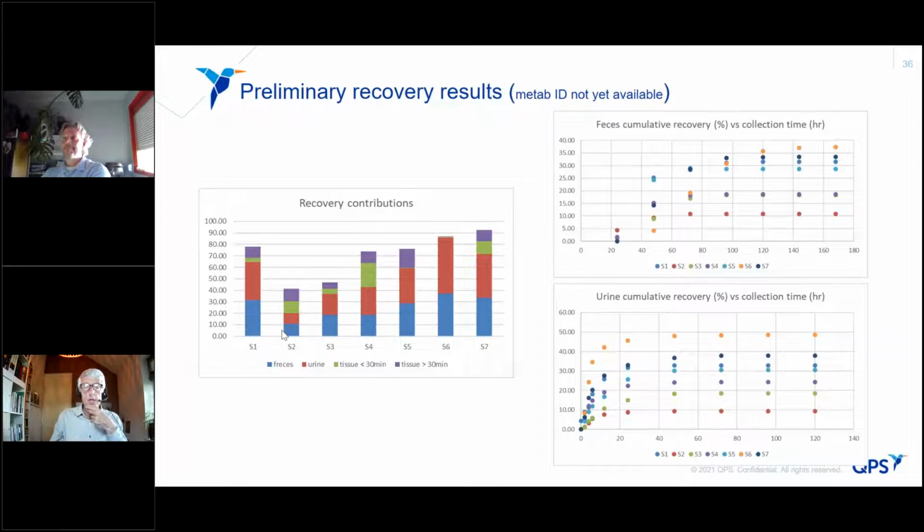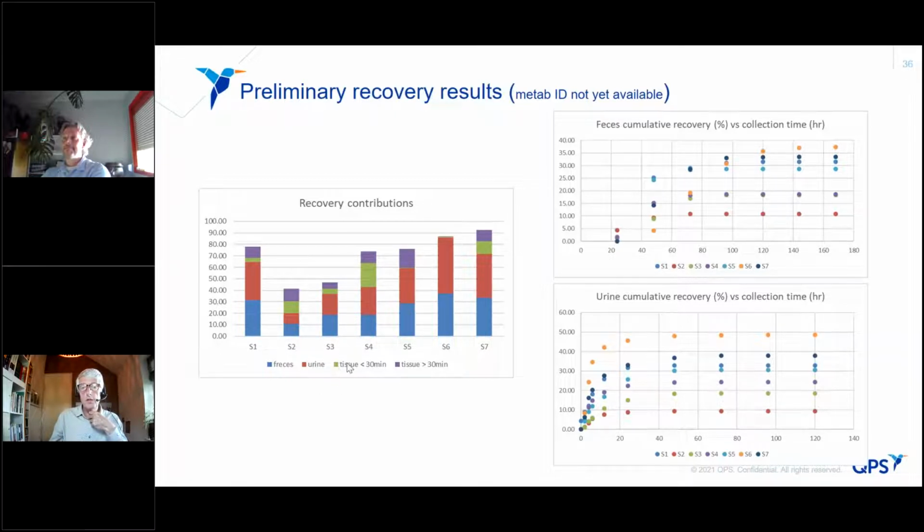Besides the urine and the fecal samples that contained the radioactivity, in this case the majority, I think it was about 50-50 fecal and urine, but the majority was in the tissues.